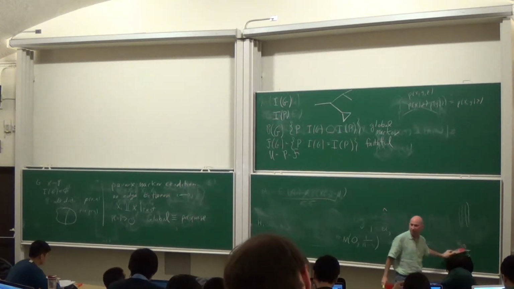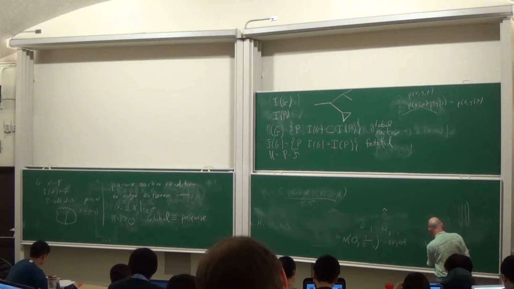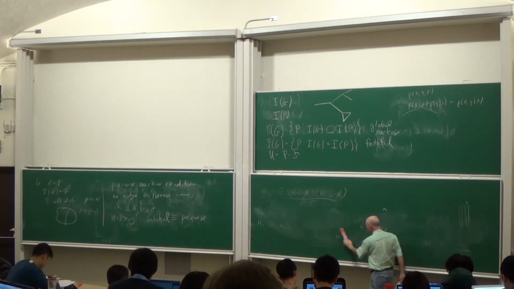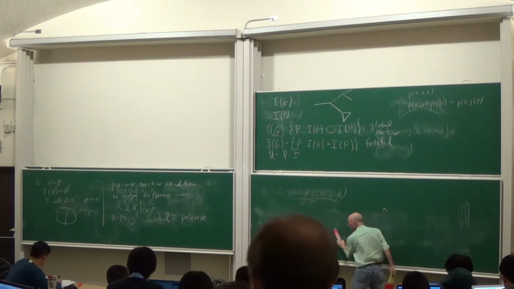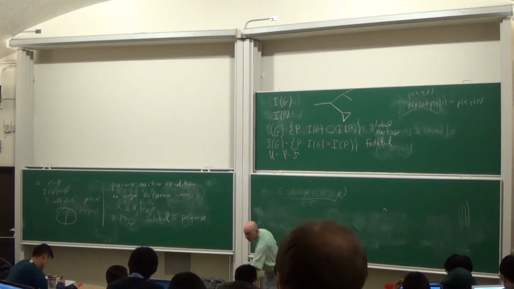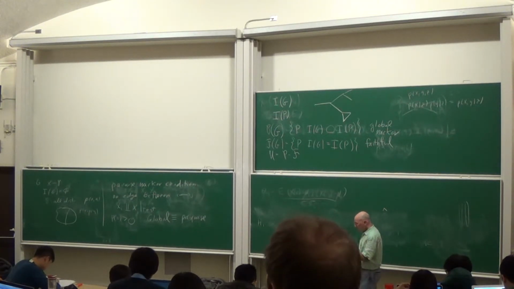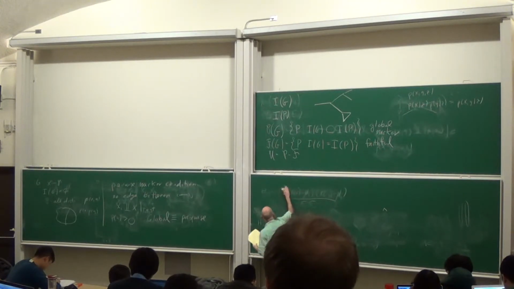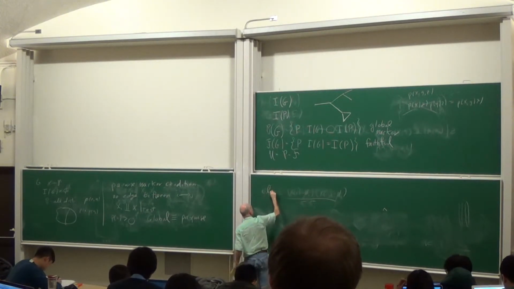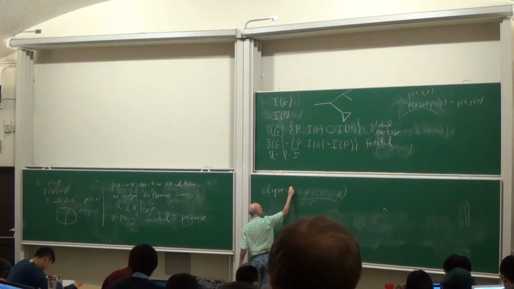So what's a clique in a graph? A clique is a fully connected subset.